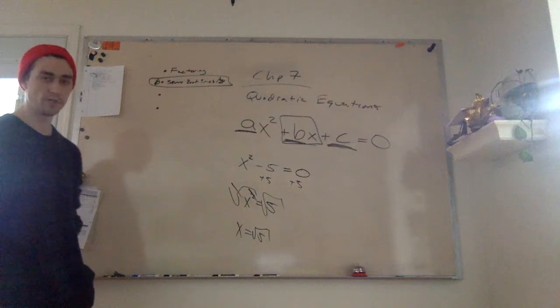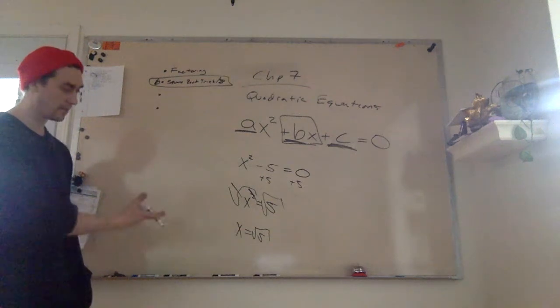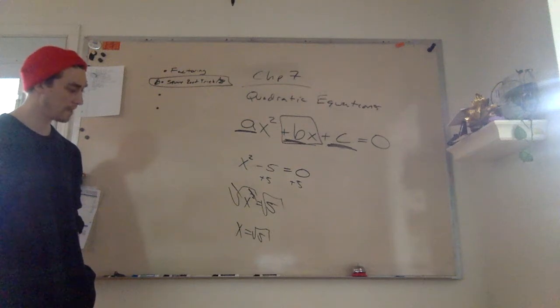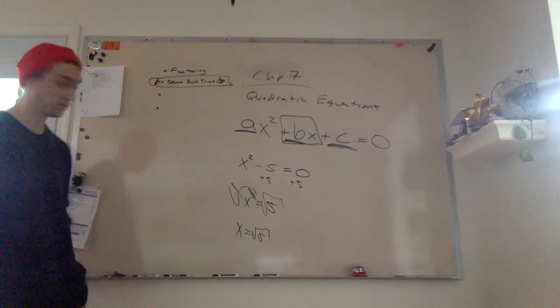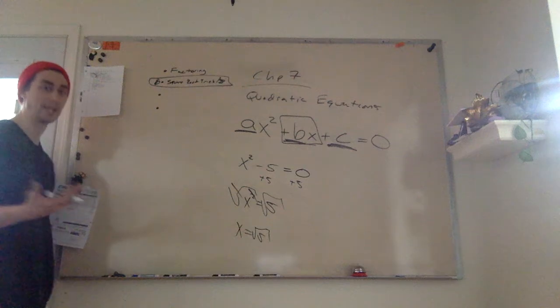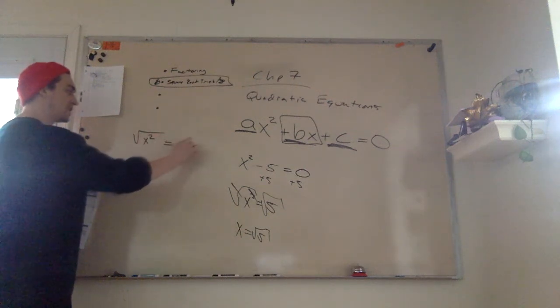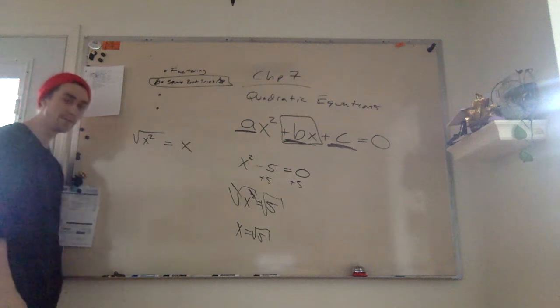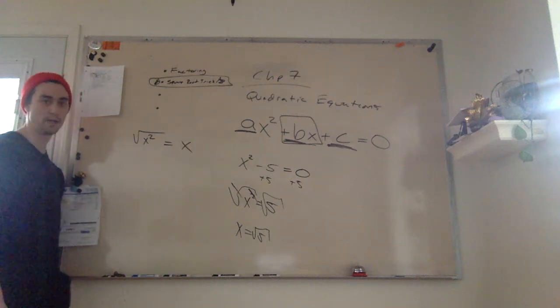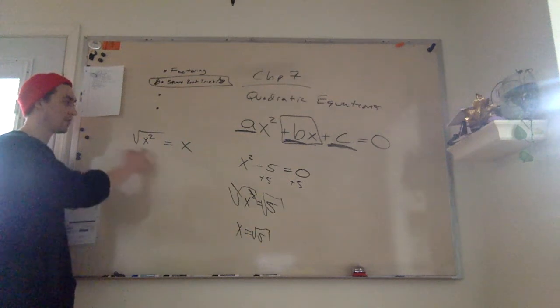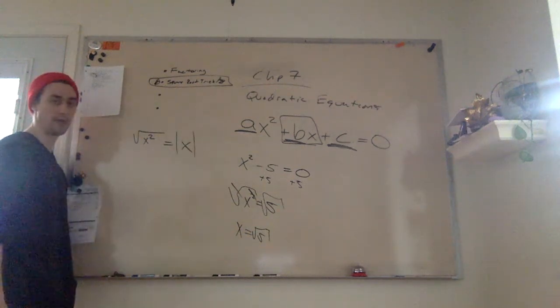So I was saying there are always 2 answers to quadratics. That's only one answer. So where's the other one? Well, in chapter 6, we did a little band-aid thing that said when you take the square root of x squared, you just get x if x is only positive numbers. If it's not, the square root of x squared is the absolute value of x.